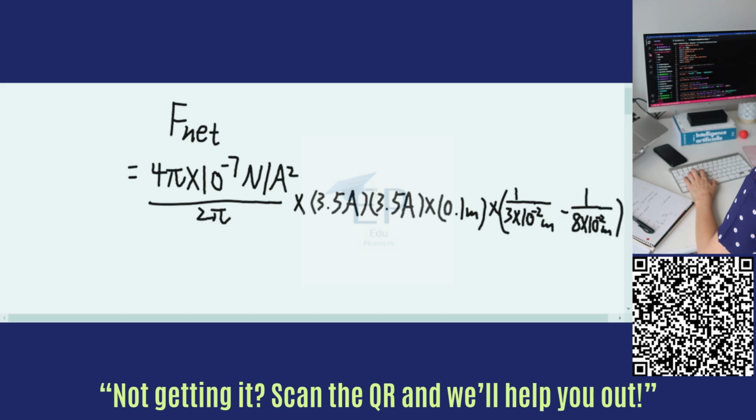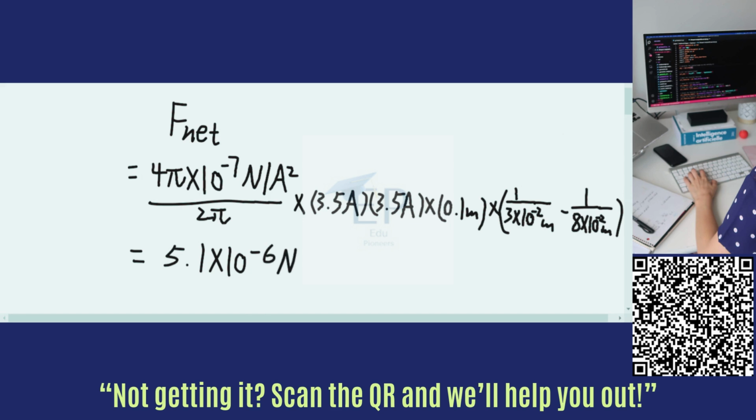And this will give us the net force is equal to, let me double check, 5.1 times 10 to the power of negative 6 newtons.